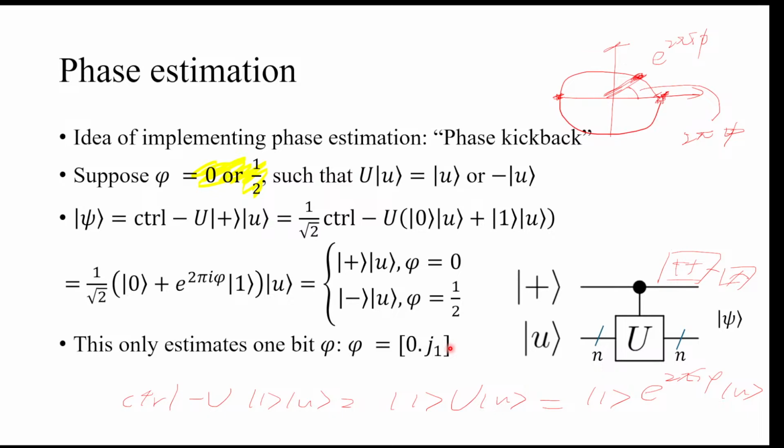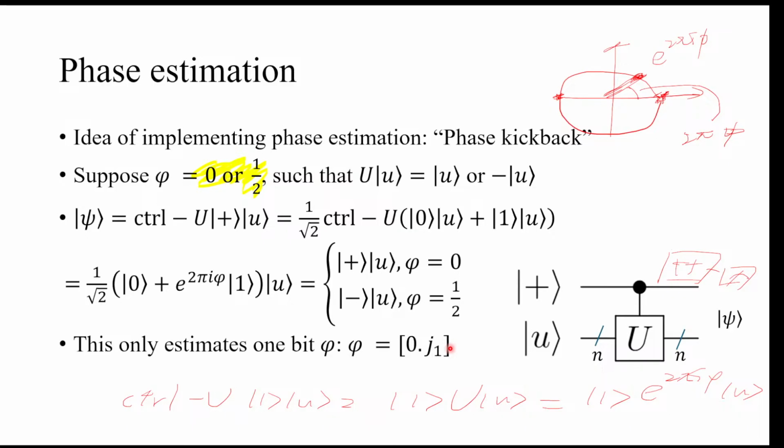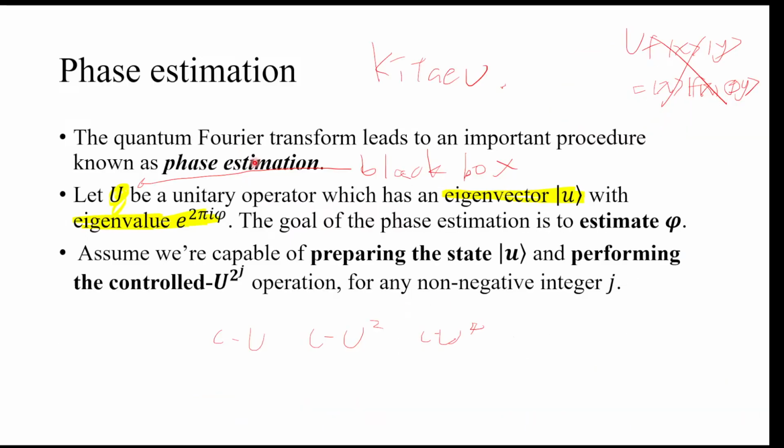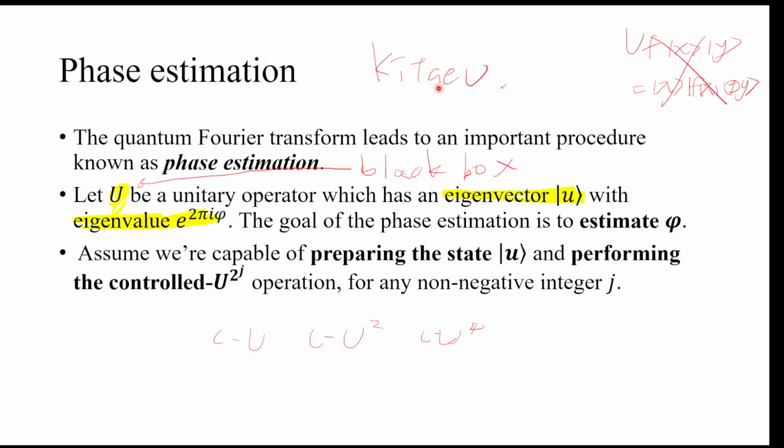Okay, now a bit of story time. How do we estimate more bits? That is when we want to do general phase estimation. The funny thing is, I said Kitaev discovered phase estimation, but Peter Shor discovered the quantum Fourier transform, and Kitaev didn't actually know how to do the quantum Fourier transform.